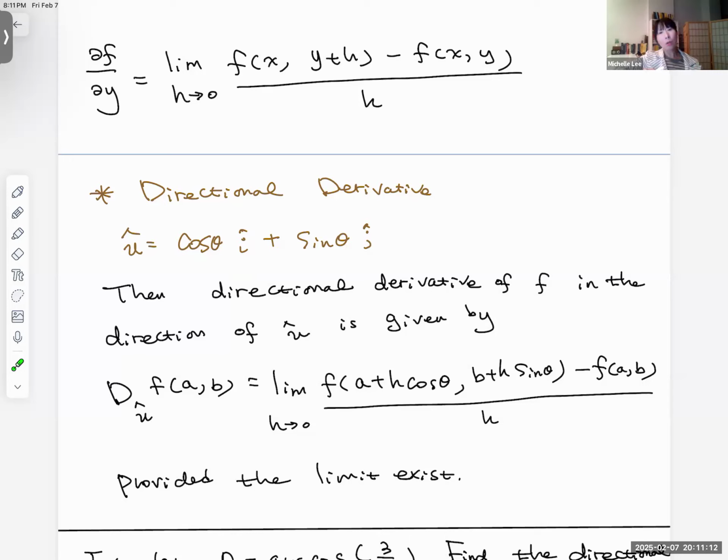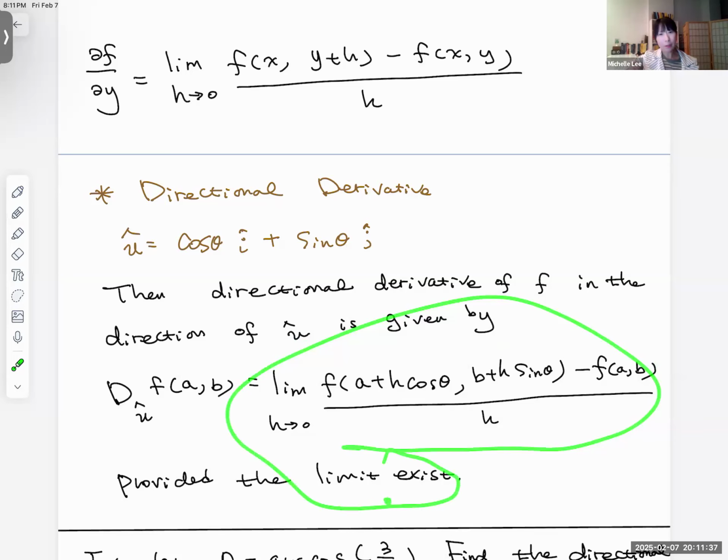So we denote the notation like this: D sub u hat of f of a, b, this notation, the directional derivative. Okay, then this is the formula when the limit exists, right?